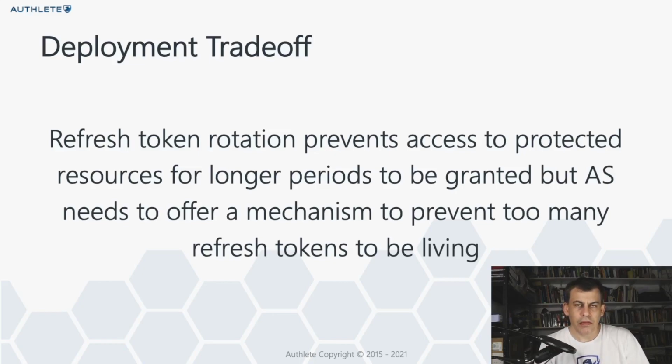There's a mechanism we call refresh token rotation, where the token endpoint, when the refresh token is used, responds with a different refresh token. That allows the authorization server to not grant access to the token endpoint for a very long period of time. But the drawback is that it makes sure the clients will not create multiple thousands and millions of refresh tokens on the authorization server side.